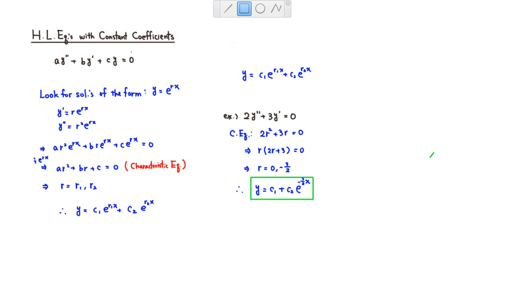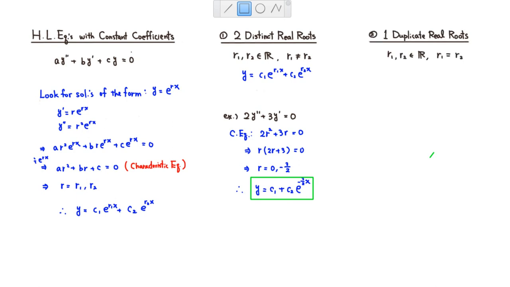What if you have repeated roots? Let's say you have duplicate real roots: r1 and r2 are roots, but r1 happens to be equal to r2. If that's the case, we have to do it slightly differently. The solution is going to look like y equals c1 e to the r1 x, that's the first one.